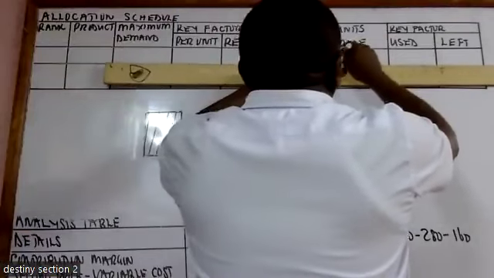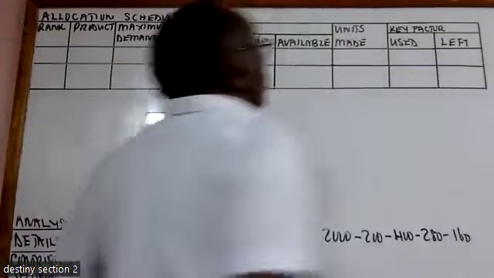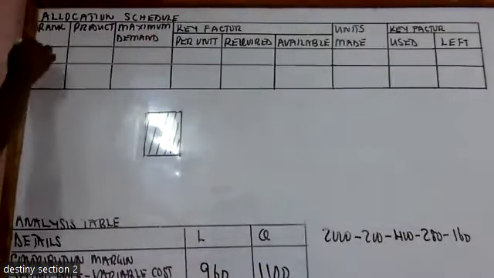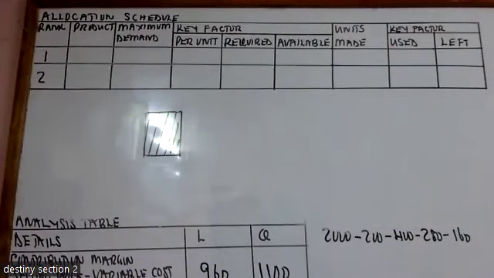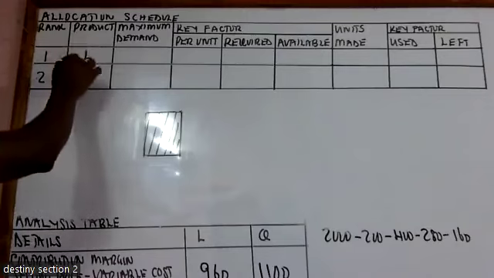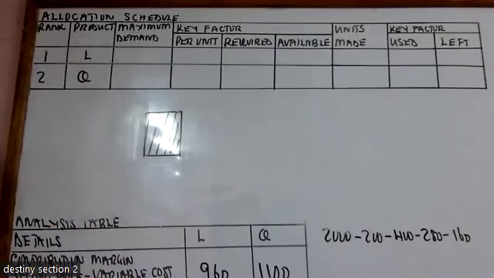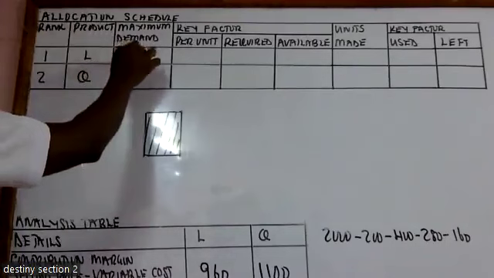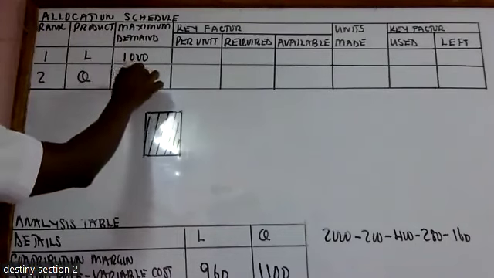So rank, we have two products, product 1 and 2. According to our ranking below, number 1 was L, number 2 was Q. Maximum demand for L is 1,000. For Q is 3,000.